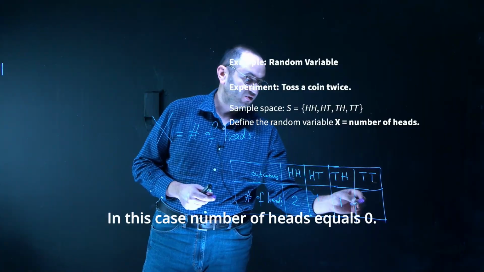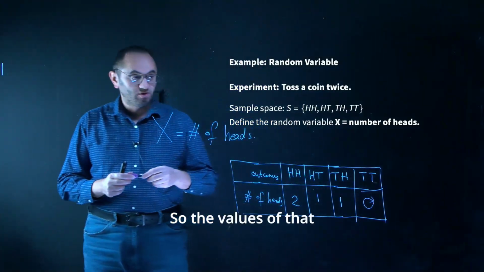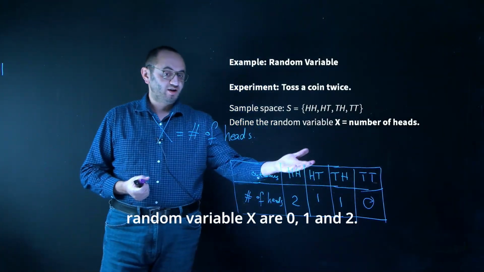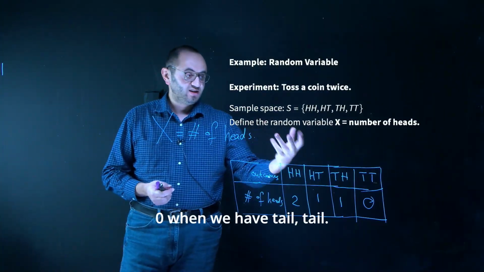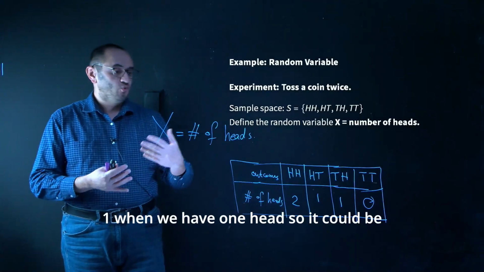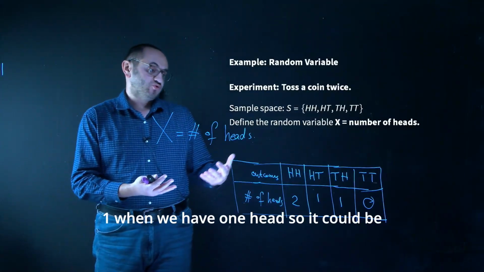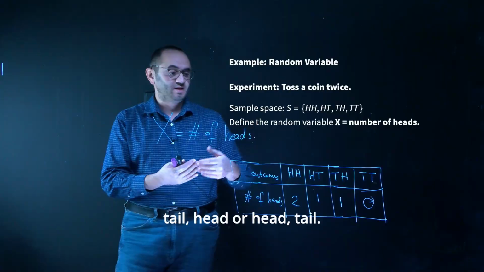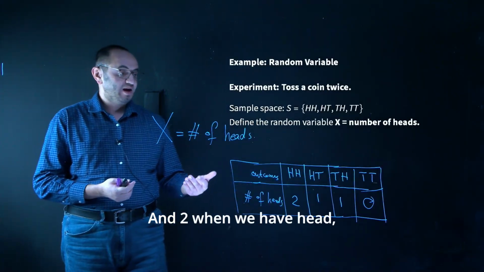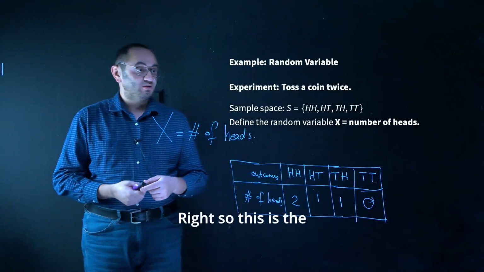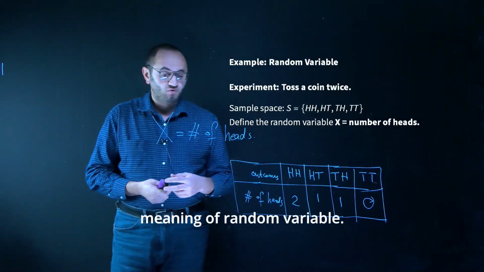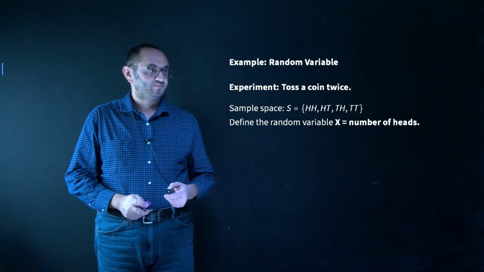In this case, number of heads equals 0. So the values of that random variable x are 0, 1, and 2. 0 when we have tail, tail. 1 when we have one head, so it could be tail, head, or head, tail. And 2 when we have head, head, which means 2 heads. So this is the meaning of random variable.